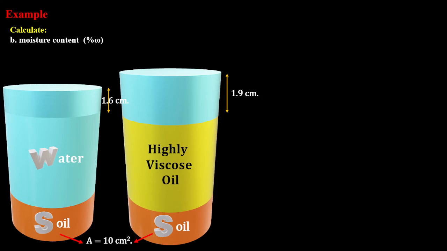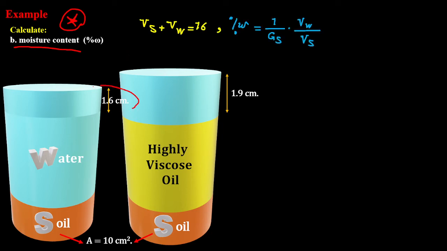In part B, we want to calculate the moisture content, and this part is pretty interesting too. This problem is an interesting problem in soil weight volume relation. From the first part, we have volume of soil plus volume of water is equal to 16 cc.